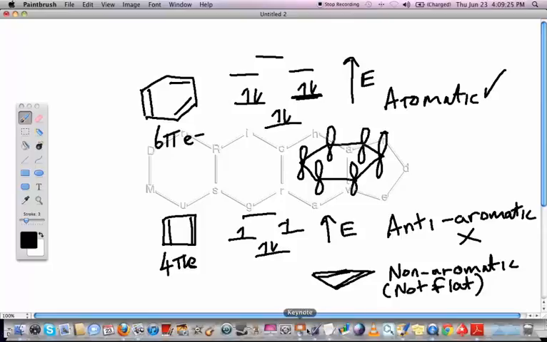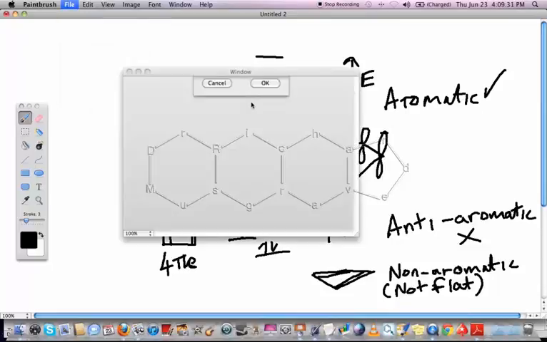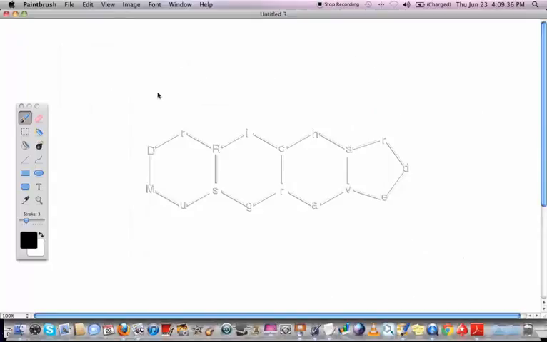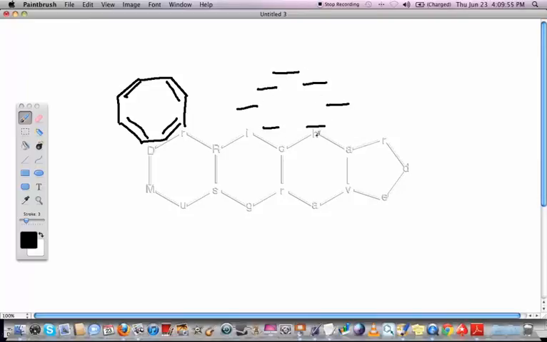Right, the other one we talked about was cyclooctatetraene. That was the one with the 4 double bonds in the 8-membered ring system. It looks like a big stop sign. This one here. And when we drew the energy level diagram for that, we got something that looked like this.